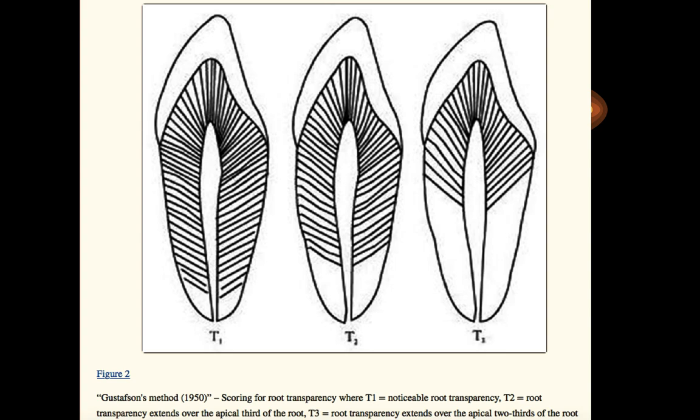There are no lines. So the tip is noticeable, showing transparency. Then T2, that is root transparency extending over the apical third of the root. And then T3, the root transparency extends over the apical 2/3 of the root. So that's how they determine the age. This root transparency is the most reliable indicator.